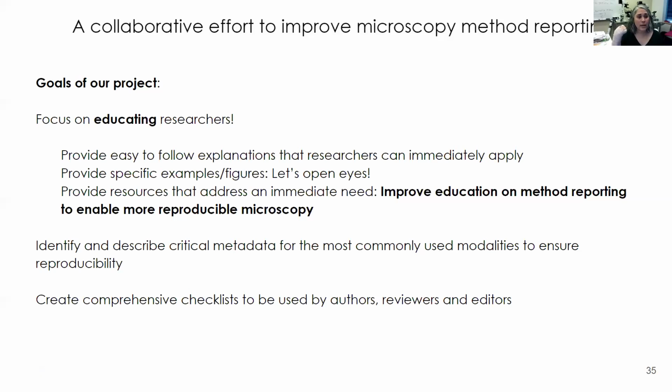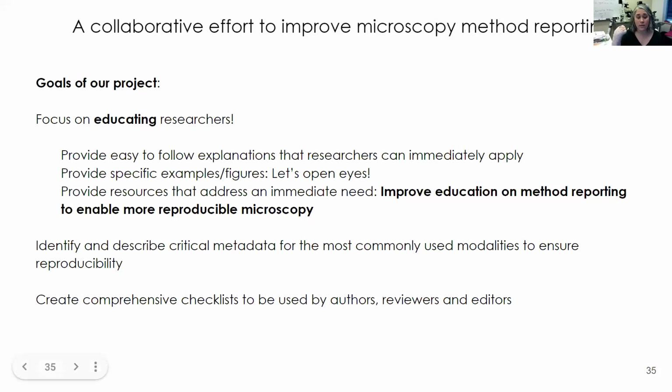As part of the publication, we identify and describe critical metadata for the most commonly used modalities. We provide two tiers or classifications, if you want to call them that. First, those parameters that are really going to impact reproducibility and will affect the conclusions of your experiment.